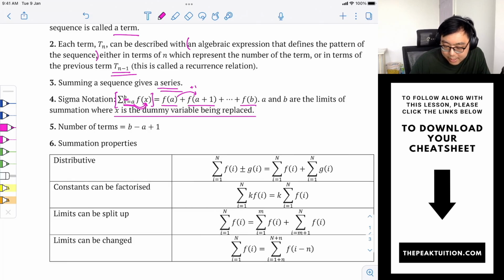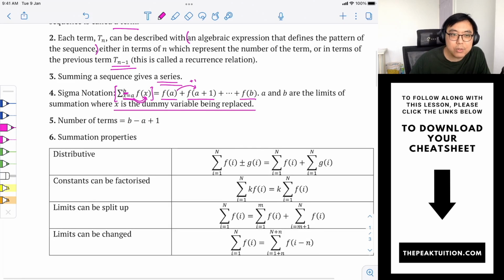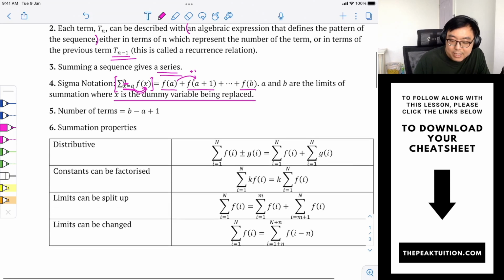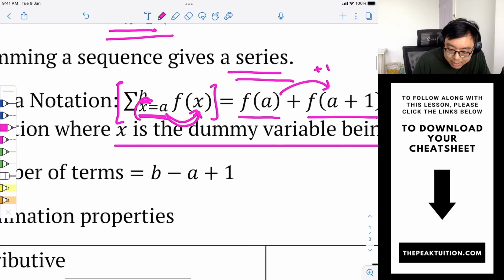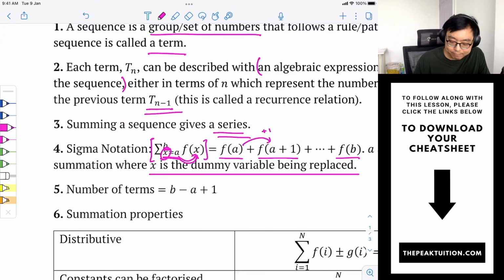Usually this is easier to do with examples, but basically the sigma notation is when you sum up, and depending on what you are summing over, here we are summing over x, we have to change the x of each and every term, and sum them all up.